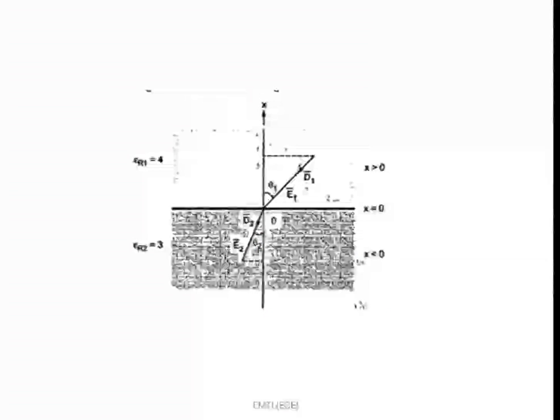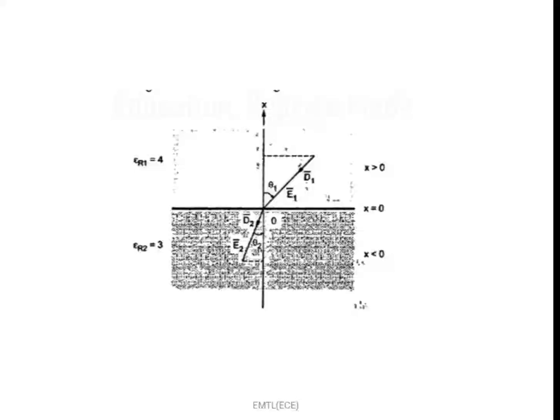For the first dielectric medium, x greater than 0, the permittivity of this medium is taken as 4, and the second medium permittivity is equal to 3. So in this problem, the D1 value is given. We have to find the value of D2 here.